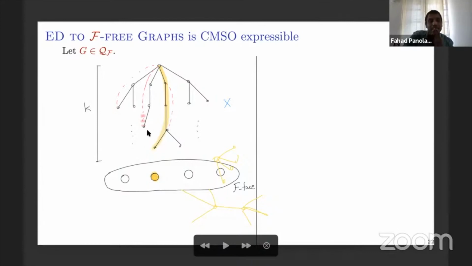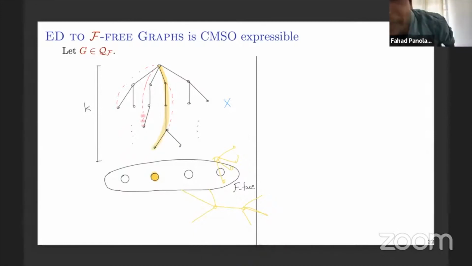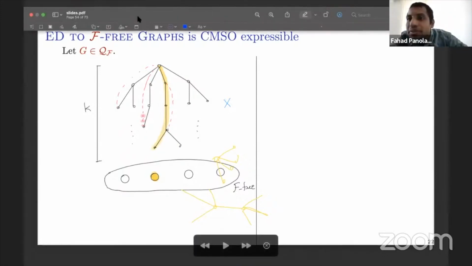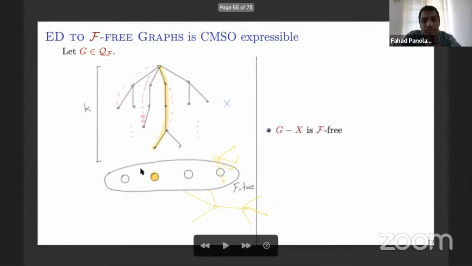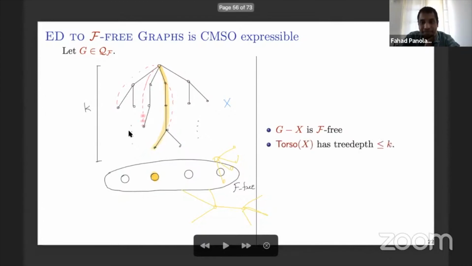Okay. So one of the properties we have is that G minus X, after deleting all the vertices in the elimination forest, is F-free. And the other thing I will say is that the torso of X, which I will define in a minute, has tree depth at most k.